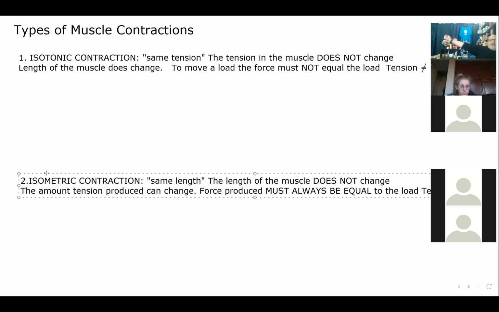I lift the shopping bags up out of the back of my car. What type of contraction was that? Isotonic. I then hold them in place while I walk into the house. What type of contraction is that? Isometric. Excellent.